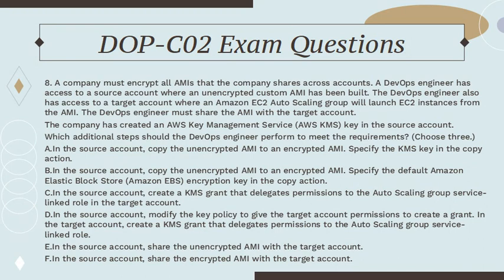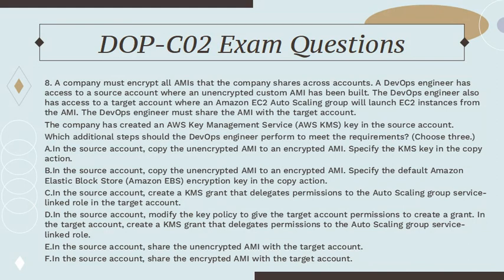The DevOps engineer must share the AMI with the target account. The company has created an AWS Key Management Service (AWS KMS) key in the source account. Which additional steps should the DevOps engineer perform to meet the requirements?